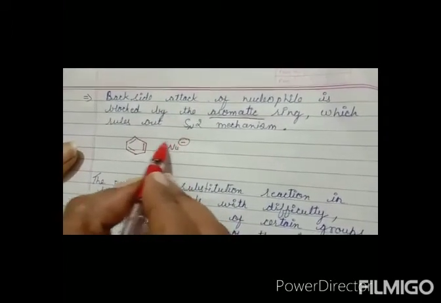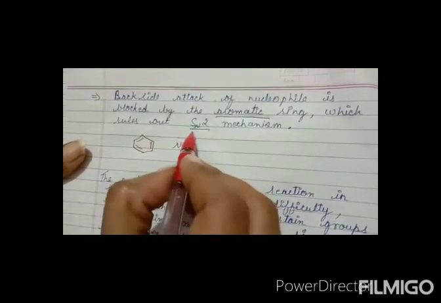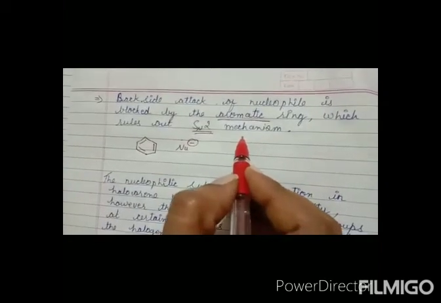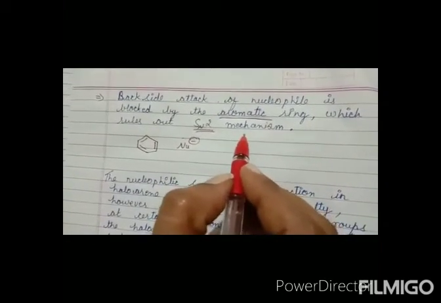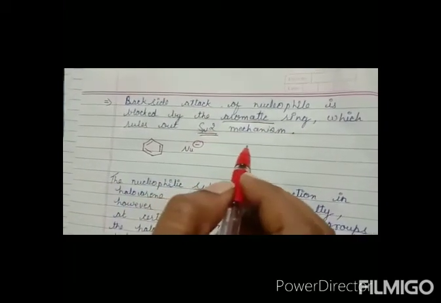Because of the same charge, there is possibility of repulsion, and therefore the SN2 mechanism is also not possible. So these are all the reasons why the aryl halide shows low reactivity towards nucleophilic substitution reaction.